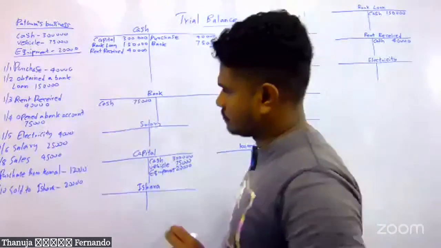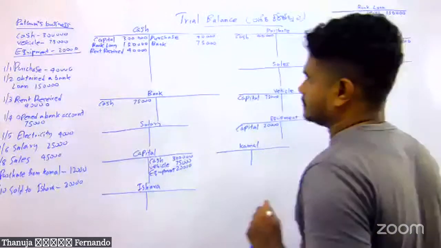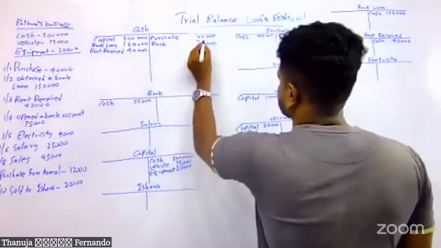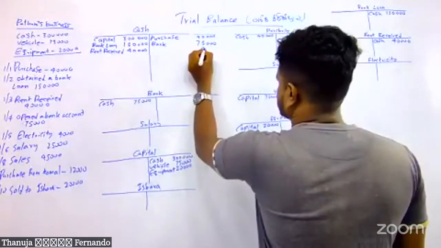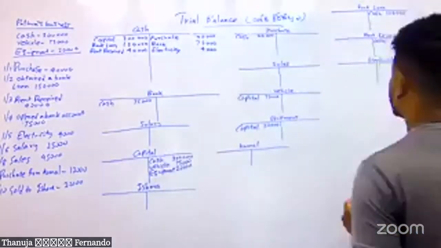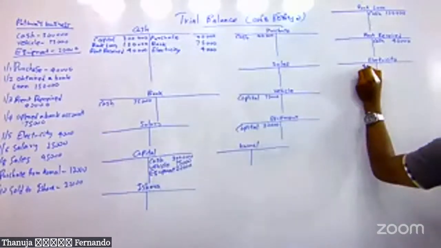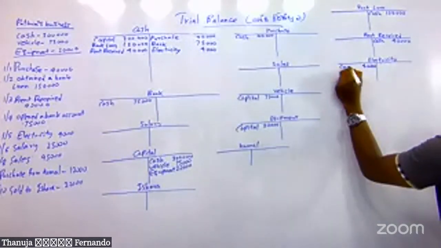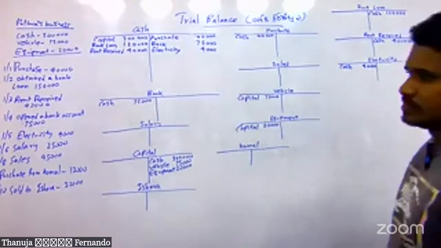Next one, electricity. When we pay electricity, cash decreases, so cash account credit as electricity. Electricity account is an expense account, increasing expense, debit 4,000 as cash. Then salary.